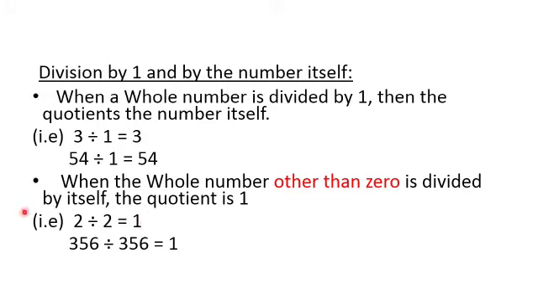Similarly, we have 356 divided by the same number 356, your quotient will be 1. So these two properties you know already, right, students? It's very easy. Any number divided by 1 will be the same number, and any number divided by itself, your answer will be 1.